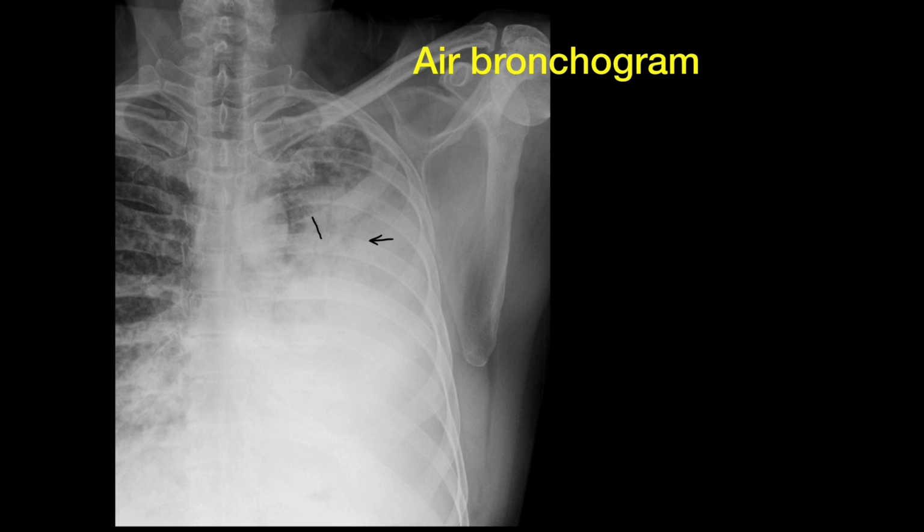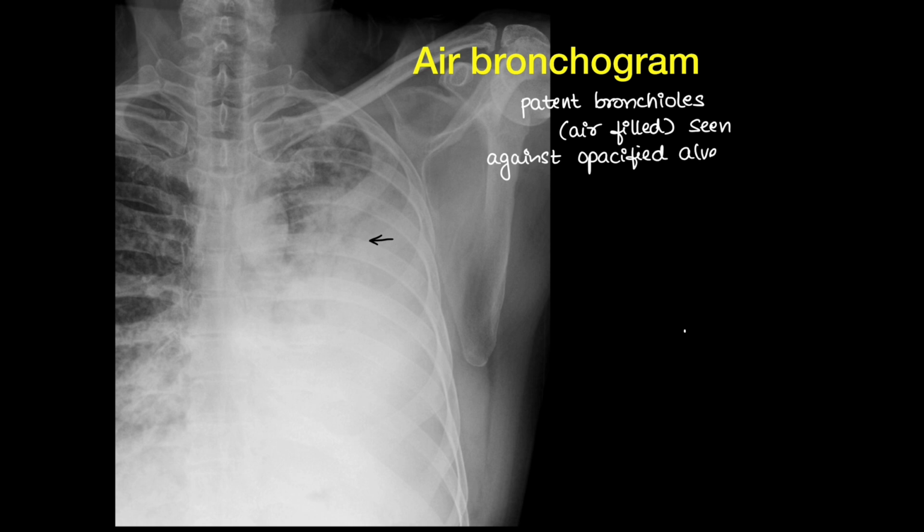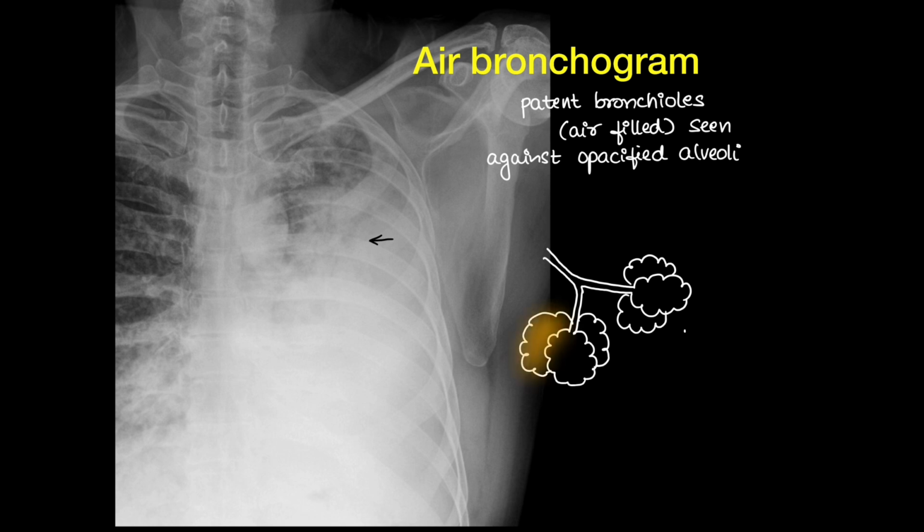Coming to what are air bronchograms, here you can see these thin black lines. Those are patent bronchioles, which are air filled, that's why appearing black, and which are seen against completely opacified alveoli in the background. Like I drew, now I am drawing the diagram again. You can see here that alveoli are completely filled with abnormal material.